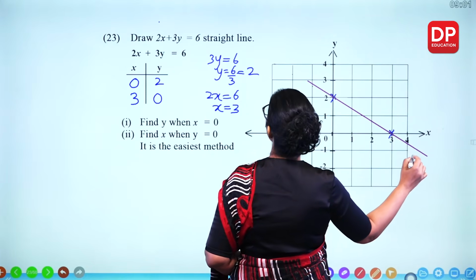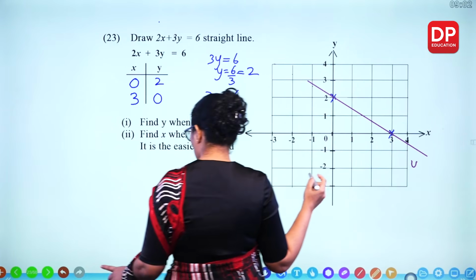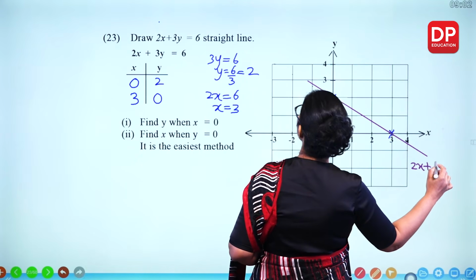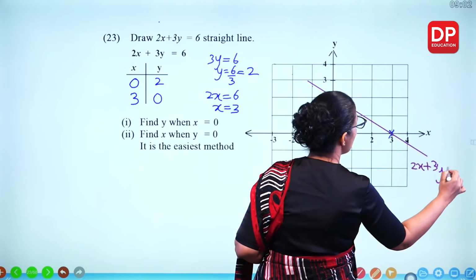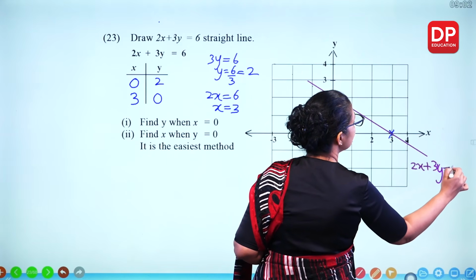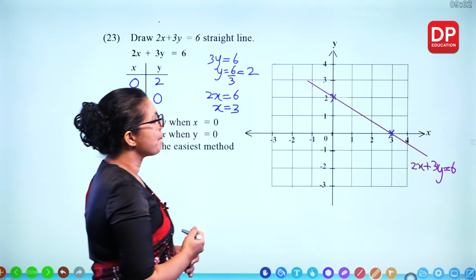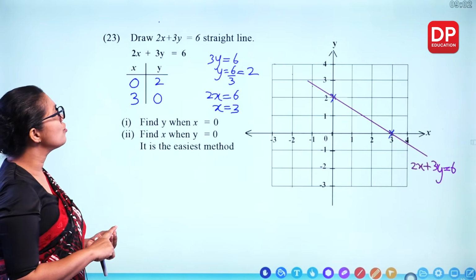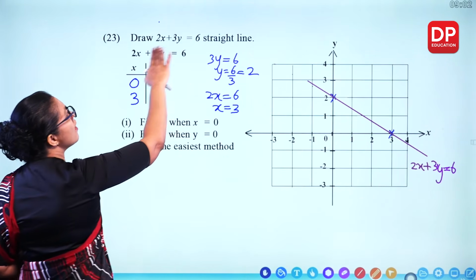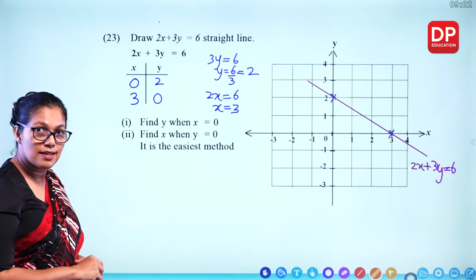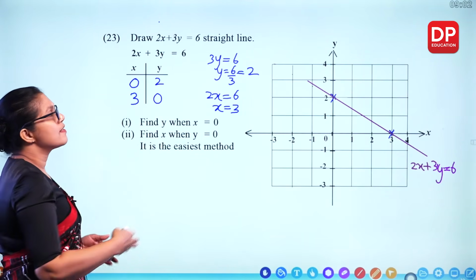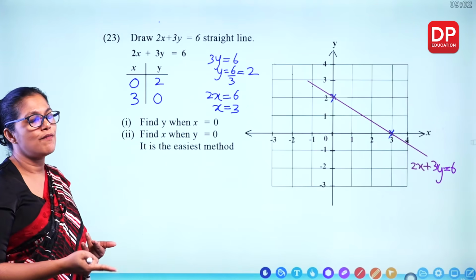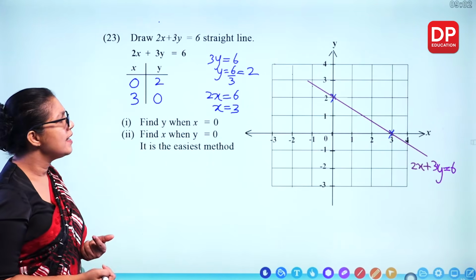This is 2x plus 3y equals 6. So remember, when you want to draw a line like this, we don't know whether it's divisible by 2 or 3, so it's easy to take x equals 0 and find y, y equals 0 and find x.